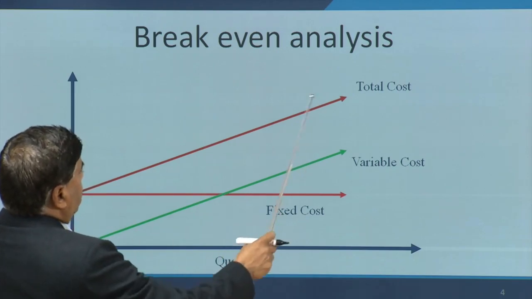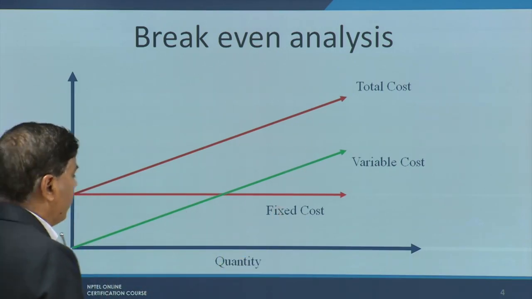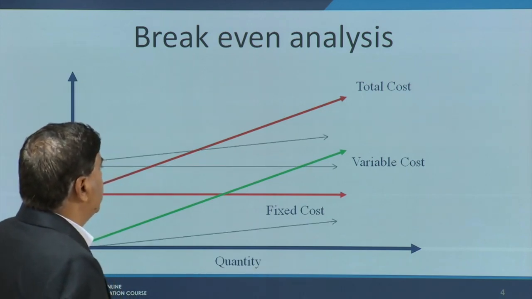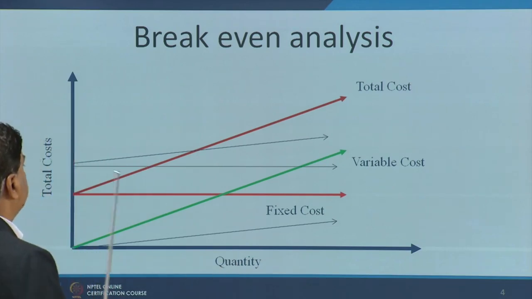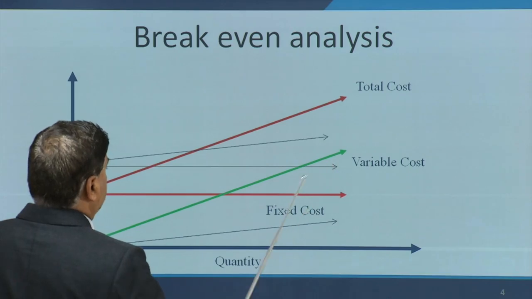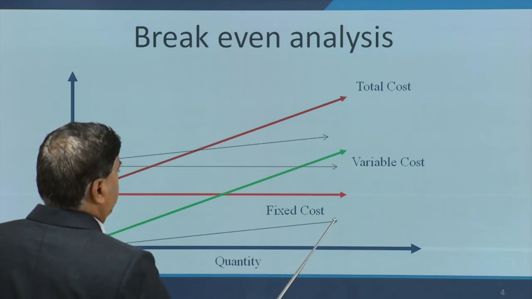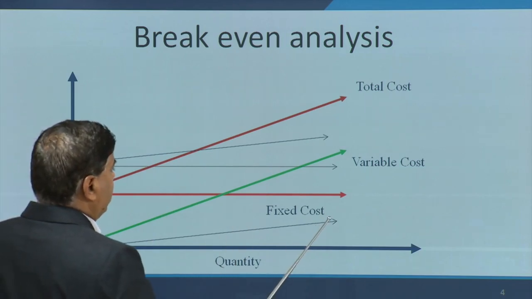So, the total cost shows the total cost related with the manufacturing of a product in the given quantity. If there is another option, this is the fixed cost for another option, and this is the variable cost for another option. Fixed cost is high, but the variable cost is low.